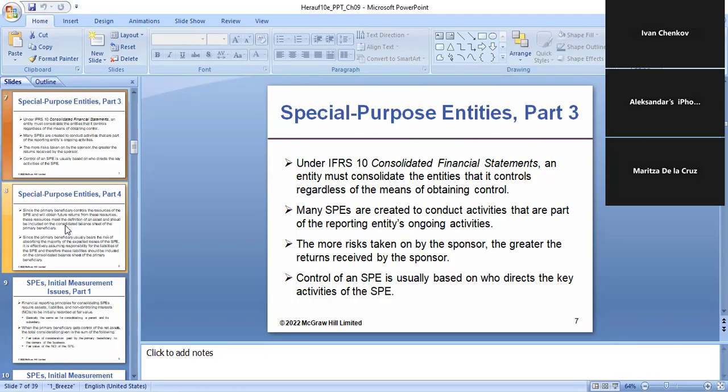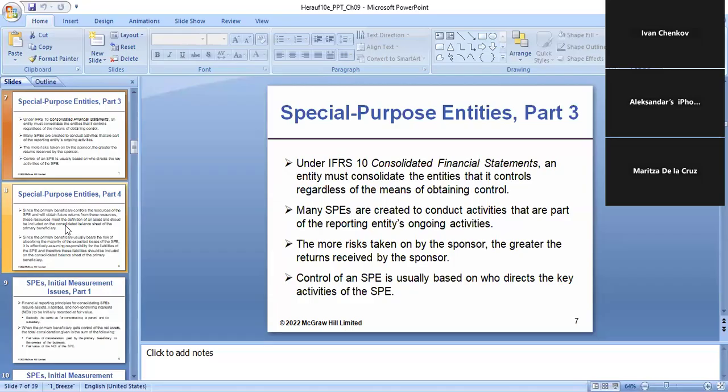The standard dealing with the special purpose entity will be International Financial Reporting Standard 10, which deals with the consolidated financial statements. So an entity must consolidate the entities that it controls regardless of the means of obtaining control. Is it for strategic purposes? Is it the special purpose entity? All those entities have to be reported in the consolidated statement.